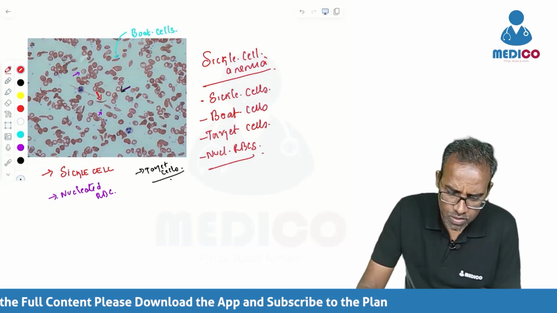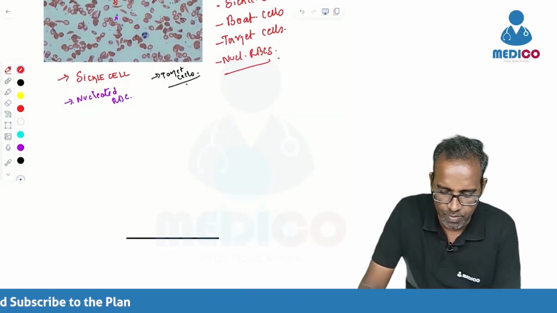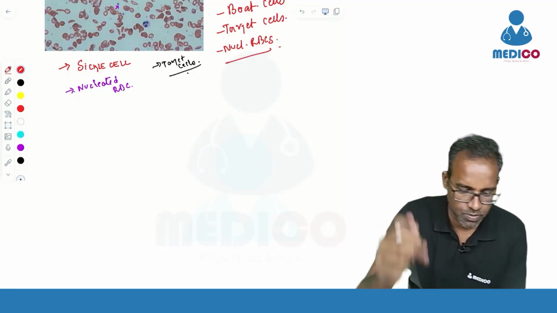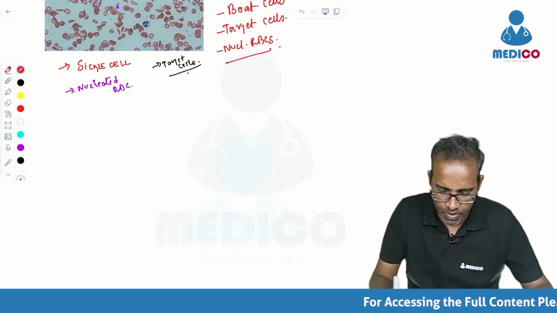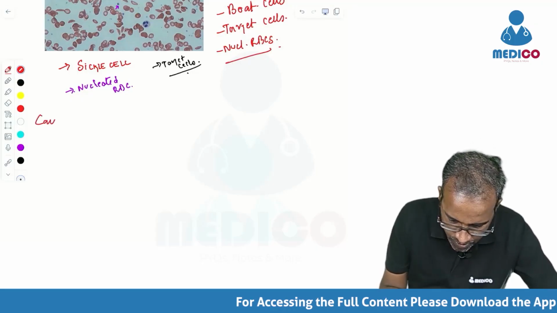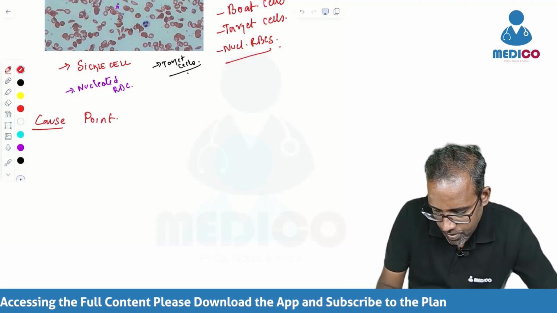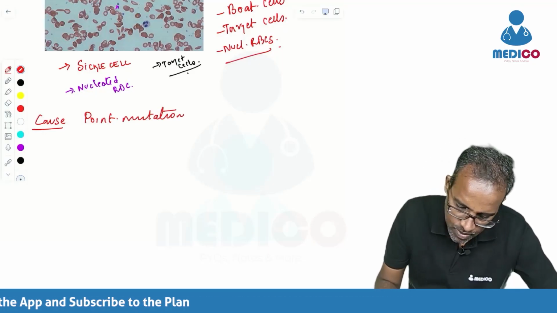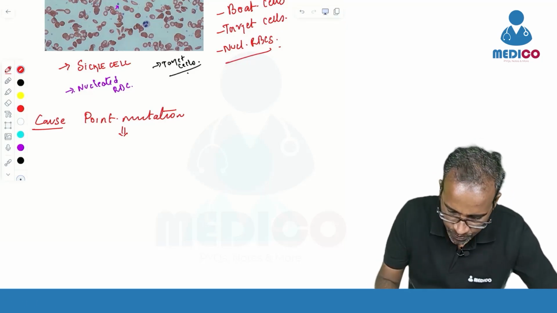So why do patients develop sickle cell anemia? It's all because of one single point mutation. What does that point mutation lead to? The cause for sickle cell anemia is a point mutation causing a change in the amino acid.